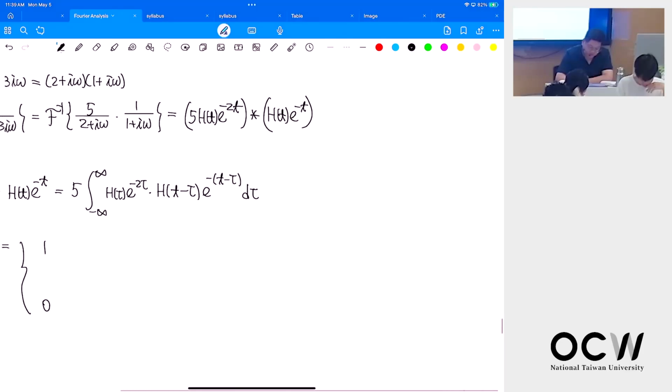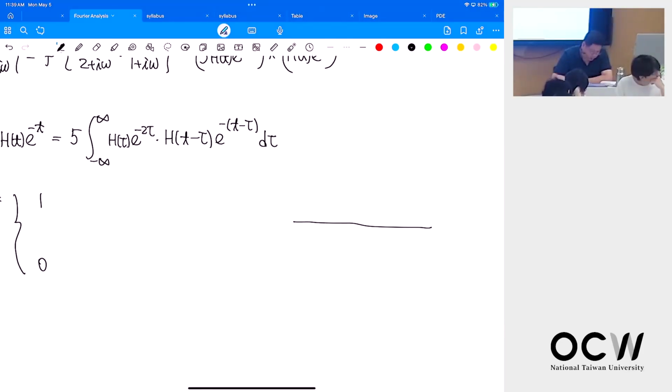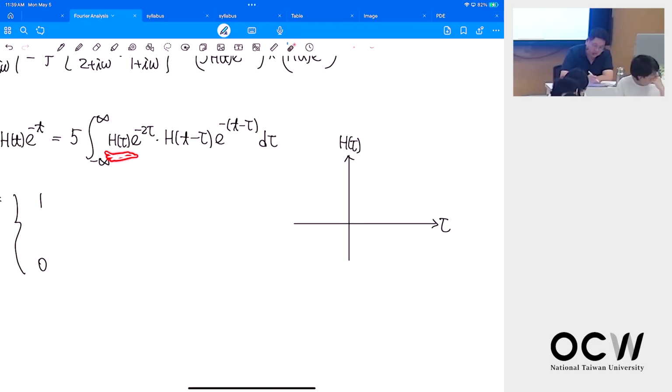So first, for the first Heaviside function, that's the normal. I have value 1 when tau is greater than 0. Otherwise, it is 0.